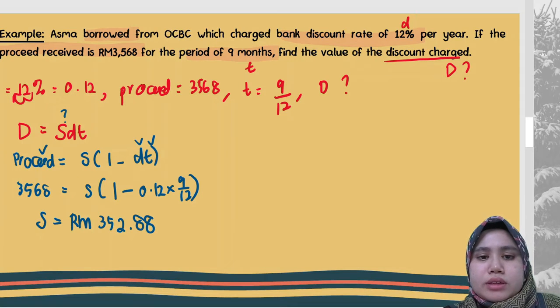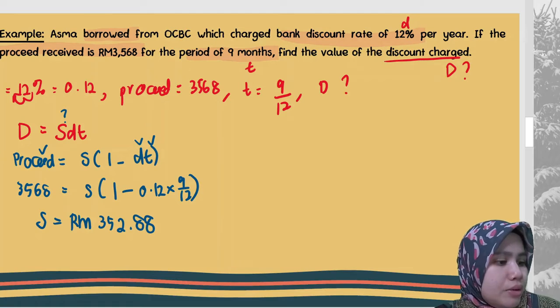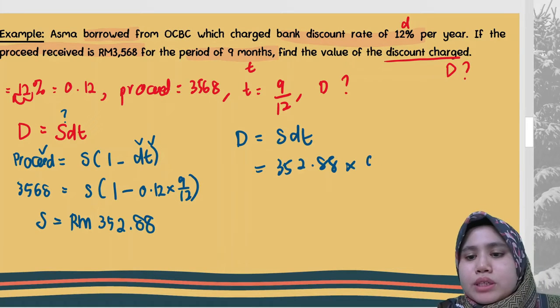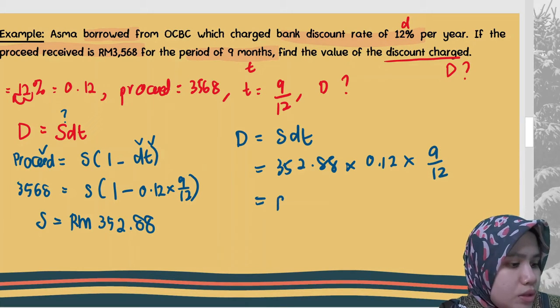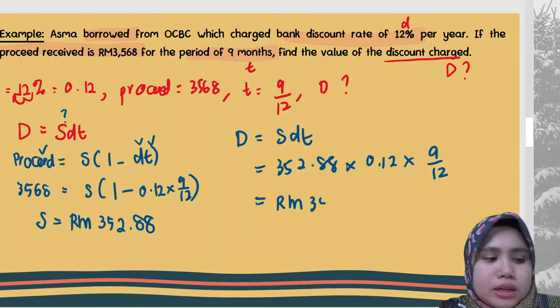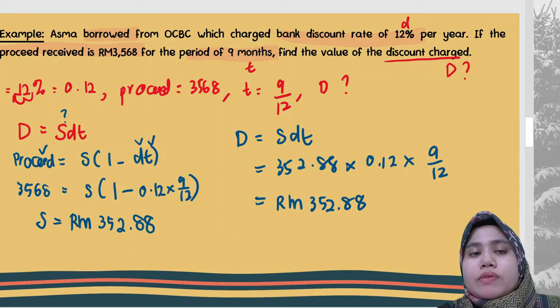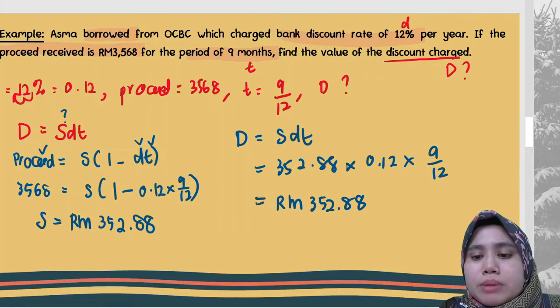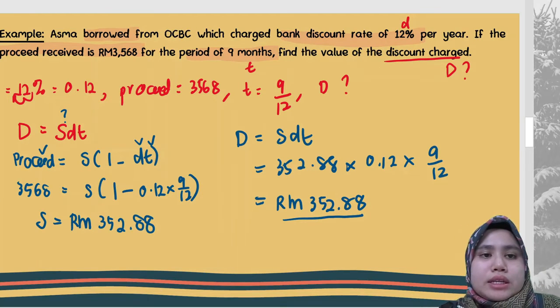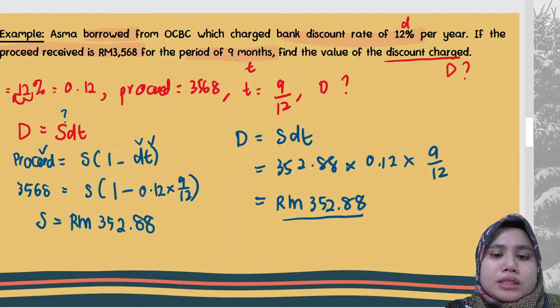But we didn't want S, we want our D. So D equals S d T, you already have your S. We multiply with our d, 0.12, multiply with time, 9 over 12. So your discount charge, the value that the bank got from the loan that Asma applied for, is RM352.88.